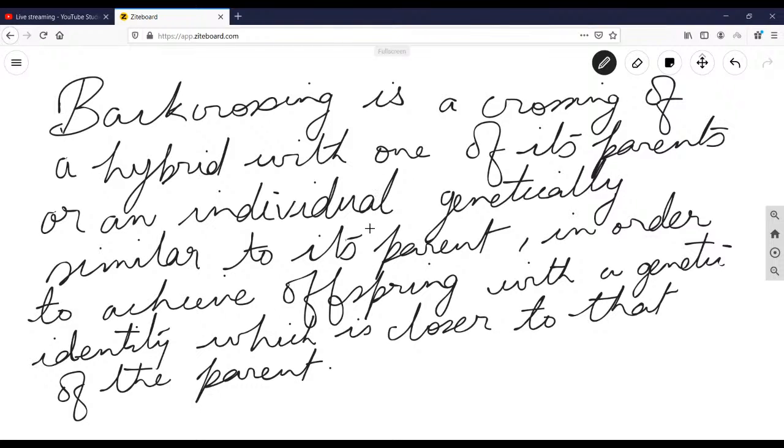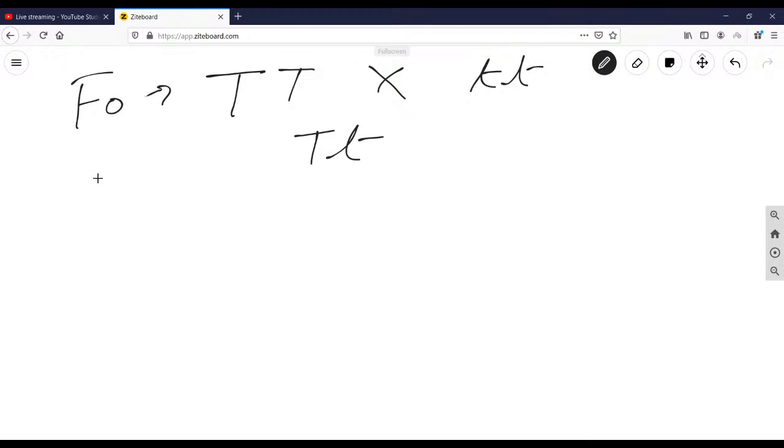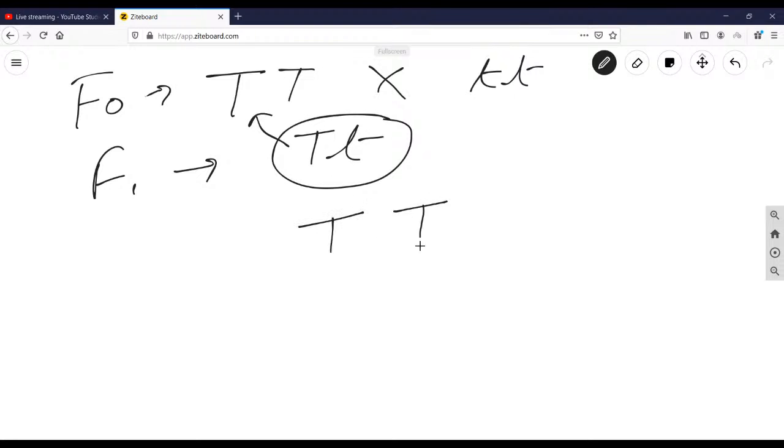If I make a cross here, TT is the F naught generation. They become Tt, F1. Now in the F1 generation, if I do a back cross, it means this one with this one of similar trait. This is also tall, this is also tall. So a similar trait I am going for.